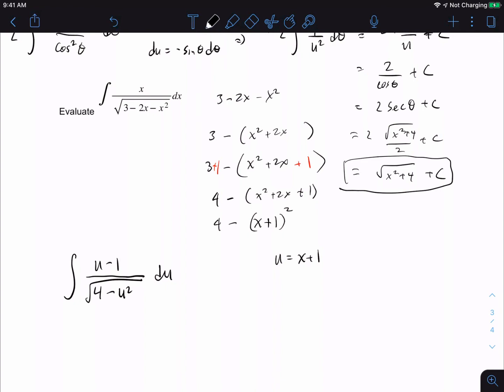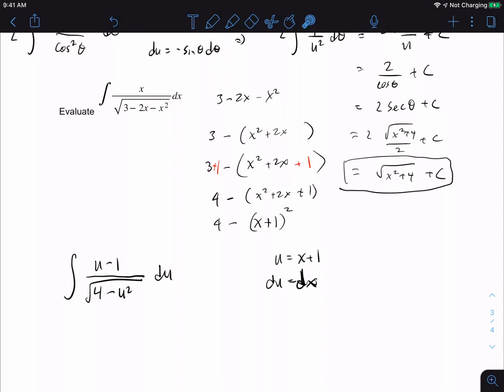Do you guys agree? Because du is dx. Yes, I agree. You guys agree this is this? I'm just trying to make it so it's in the form that's something that you can all see.